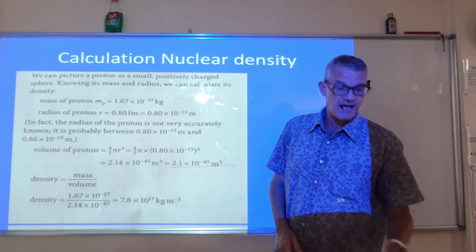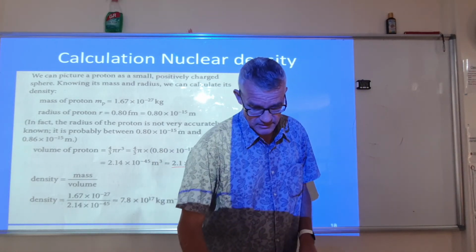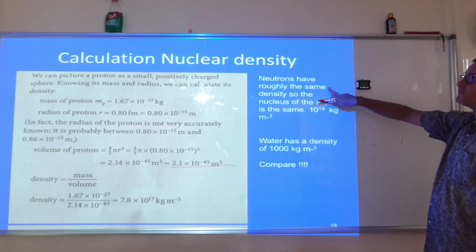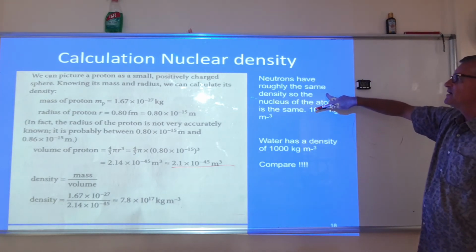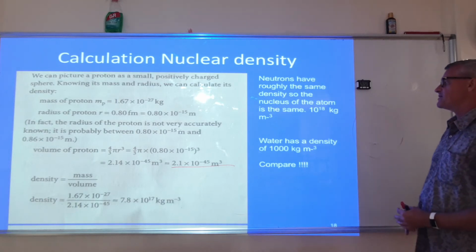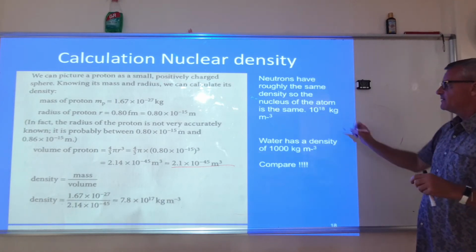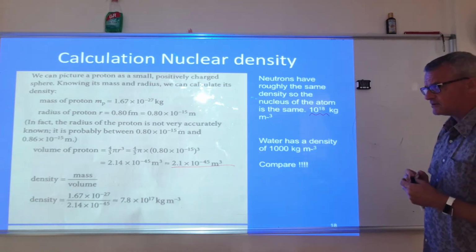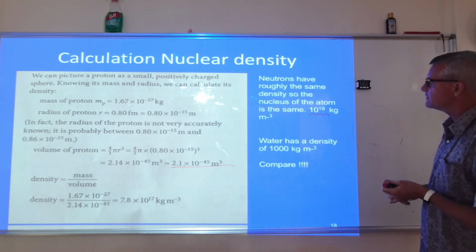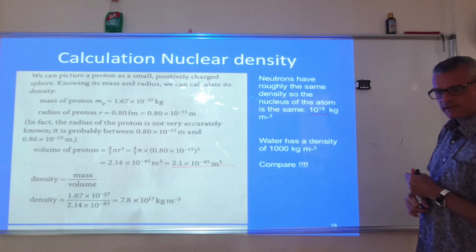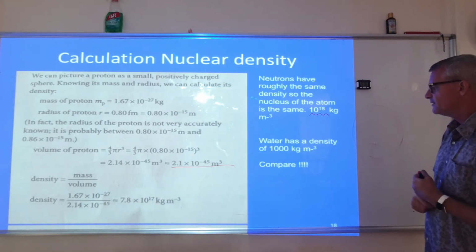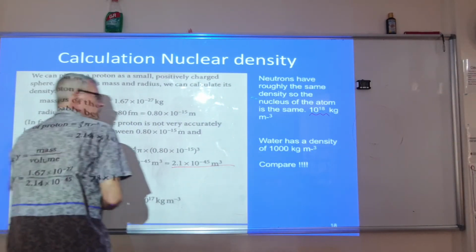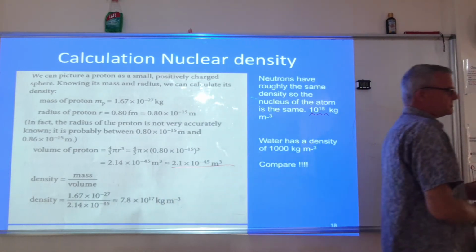Now, how do we get the density of the nucleus? It's pretty simple, because neutrons have roughly the same density. So the density of the nucleus is roughly 10 to the power of 18 kilograms per cubic meter. That's interesting, no? If we compare it with the density of water, that's 1000 kilograms per cubic meter.